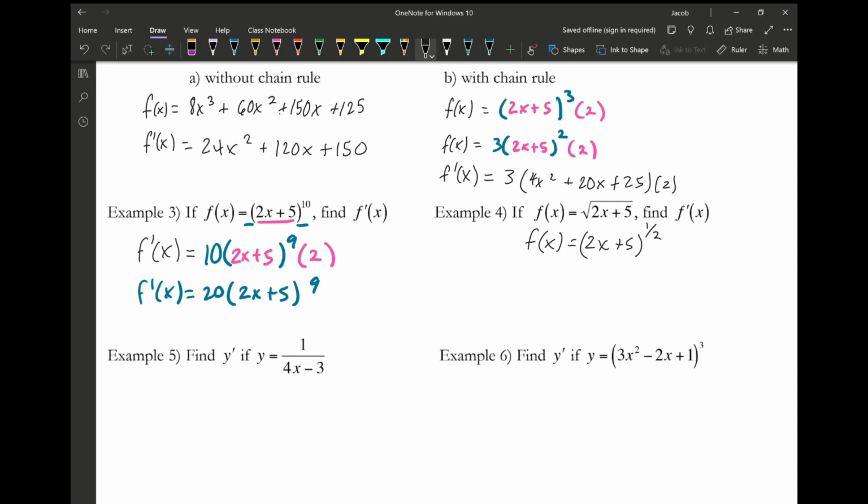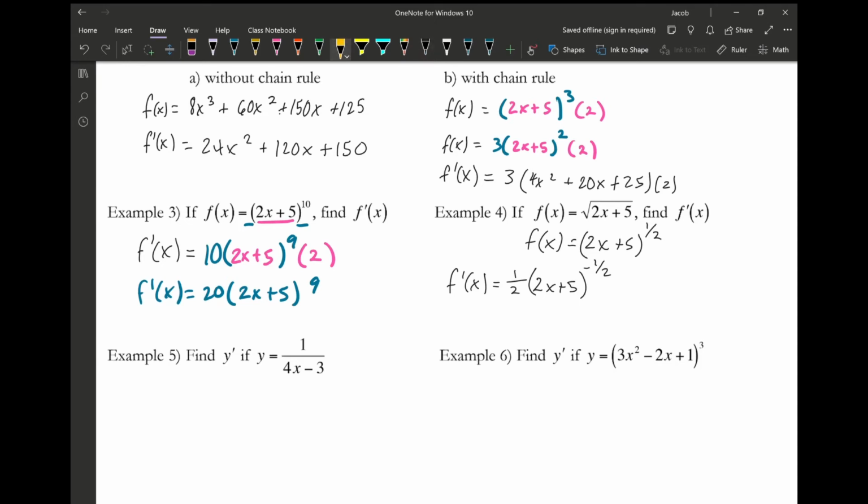And now with the chain rule, we know that we'll take the derivative of the outside function. So we've got 1/2 blah to the negative 1/2. And notice I'm doing the power rule on that outside piece before I just put my variable 2x plus 5 inside.